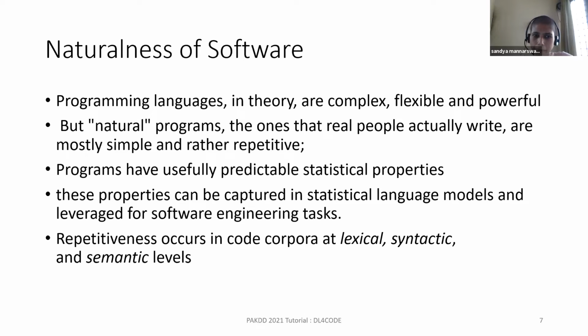Or it can be at a semantic level, where there is no surface repetitiveness, but the underlying functionality is the same. So this repetitiveness or regularity in the programs which human beings write lends itself to applying natural language processing techniques on programming languages and source code also, right?